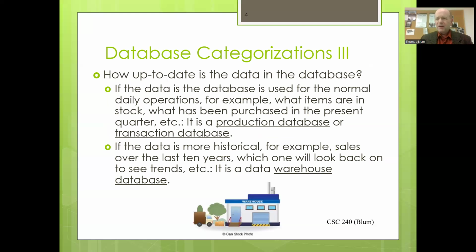Then what data is being stored and how it is being used is another possible categorization of databases. You might have a transaction database or a production database, and that is one where you might be storing data of what's going on right now.